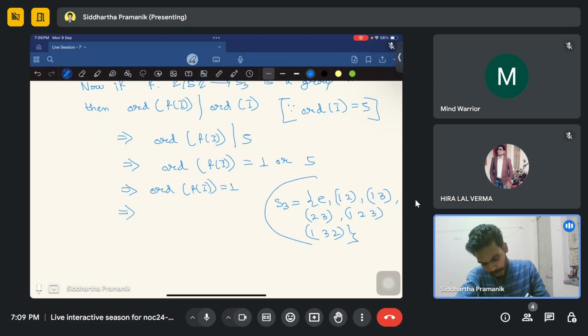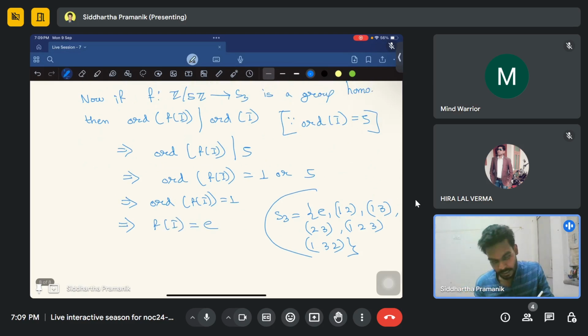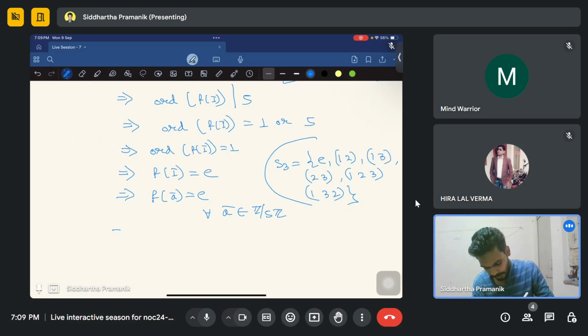That implies f of 1 bar should be the identity element. But 1 bar is the generator. So if you send the generator to the identity element, all other elements must go to the identity. So f of a bar is the identity for all a bar belonging to Z mod 5Z. So that implies f is the trivial group homomorphism.